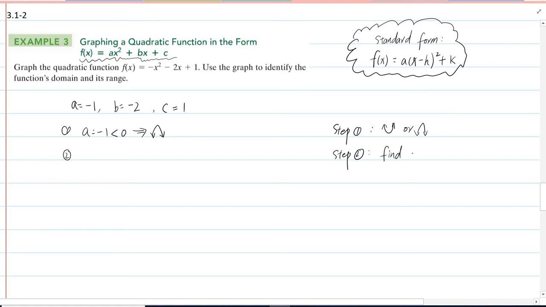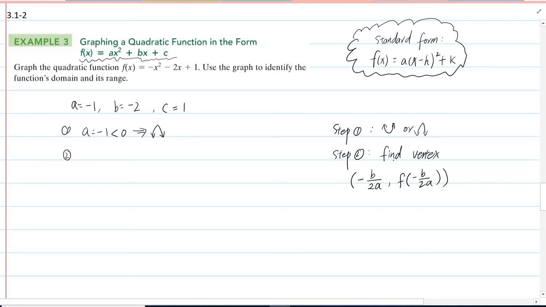Let's go ahead and write it down. Find the vertex. Here's how to find the vertex: you find -b over 2a, and we also need to find f of -b over 2a. It looks complicated, but it's not that bad.